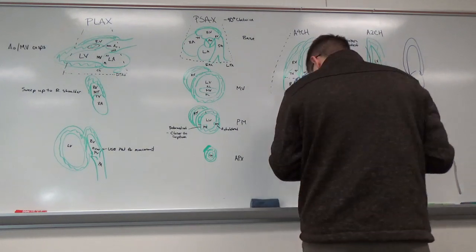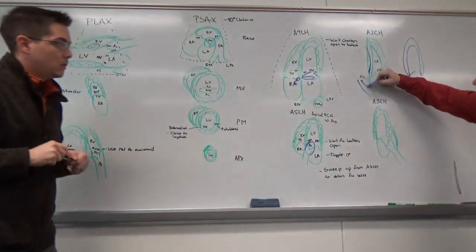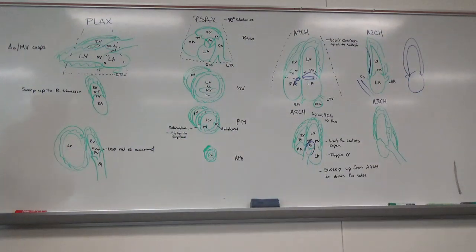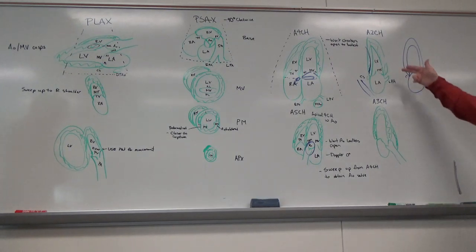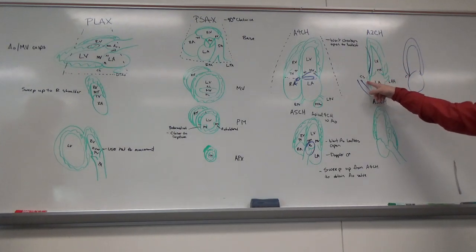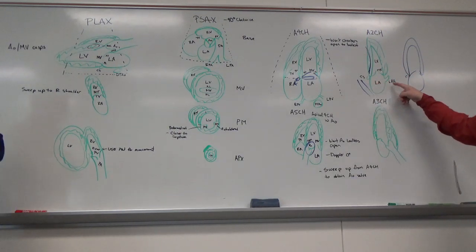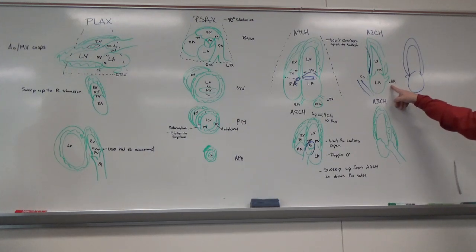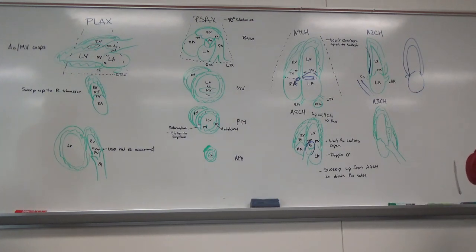In this view, if I saw the descending thoracic aorta, it would be in long axis, so you could see that. I already mentioned this is the anterior wall and inferior wall. Remember that the coronary sinus is an inferior structure and the left atrial appendage is an anterior structure. If you're confused and have your image flipped around, seeing your coronary sinus on the right side, you need to flip it around. Maybe you turned the wrong way to get it.